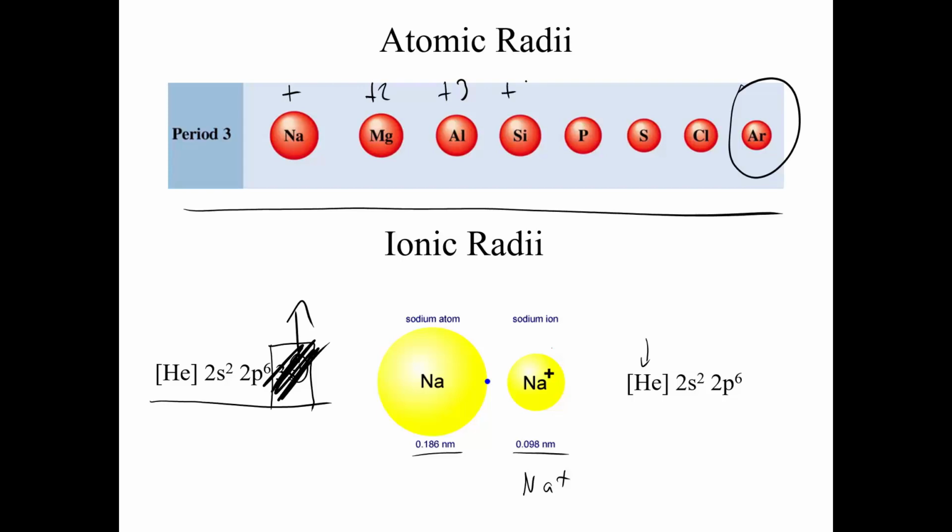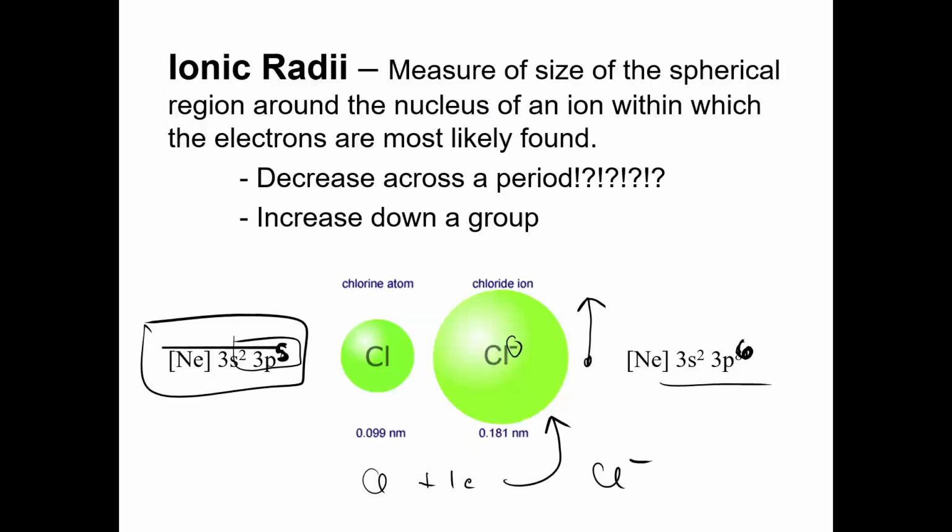For argument's sake, we say +4, and then these are going to gain electrons. So you're going to have -3 and -2 and -1. I'll let you think about that and see if you can rank them, but for sure be able to rank and understand and explain atomic radii.